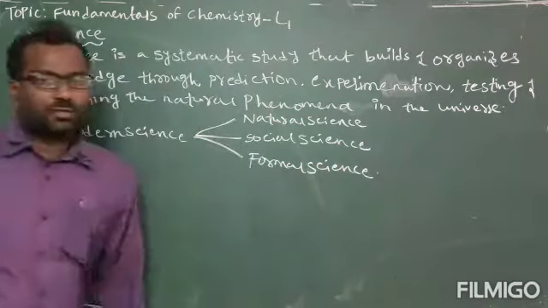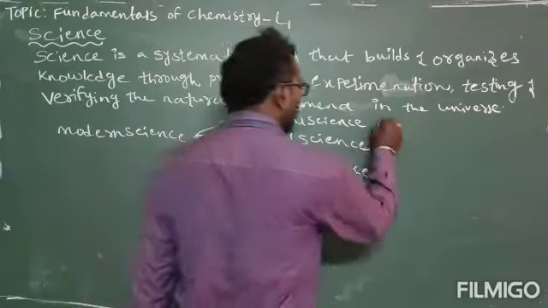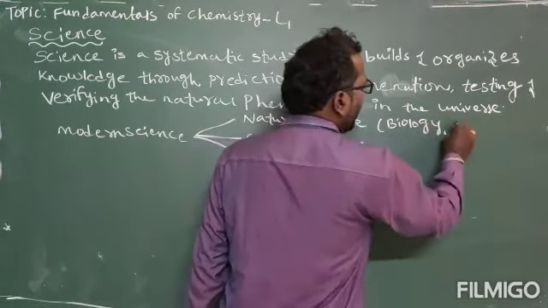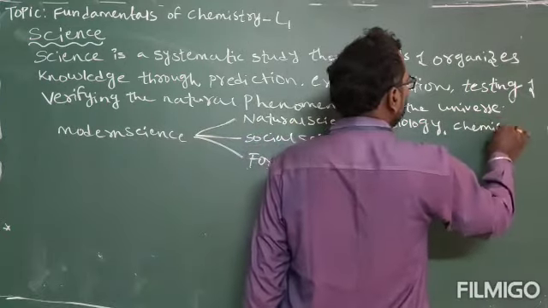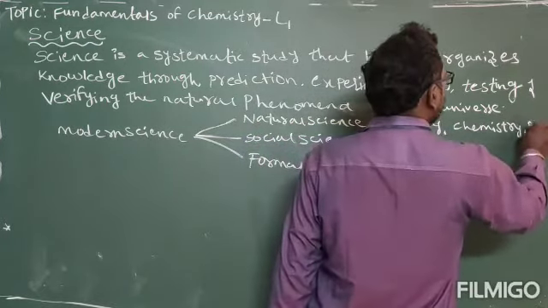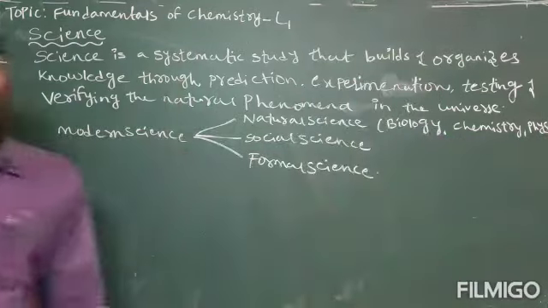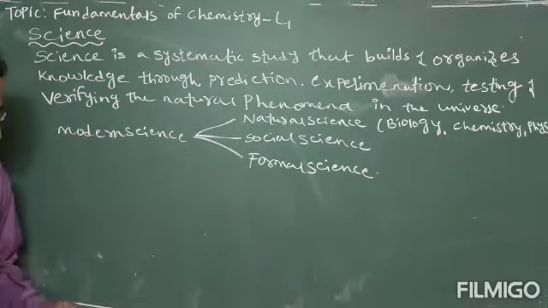Natural science means biology, chemistry, and physics. These are the things which come under natural science.